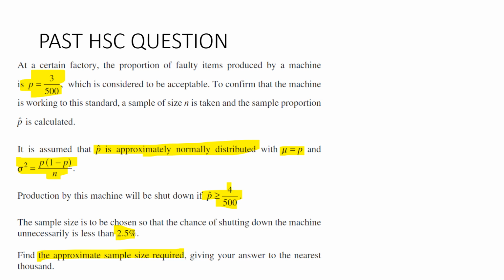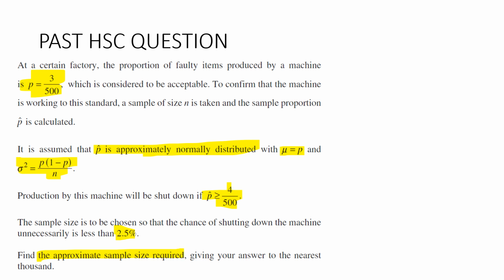Production by this machine will be shut down if p hat is greater than or equal to 4 over 500. The sample size is to be chosen so that the chance of shutting down the machine unnecessarily is less than 2.5%. Find the approximate sample size required, giving your answer to the nearest 1,000.